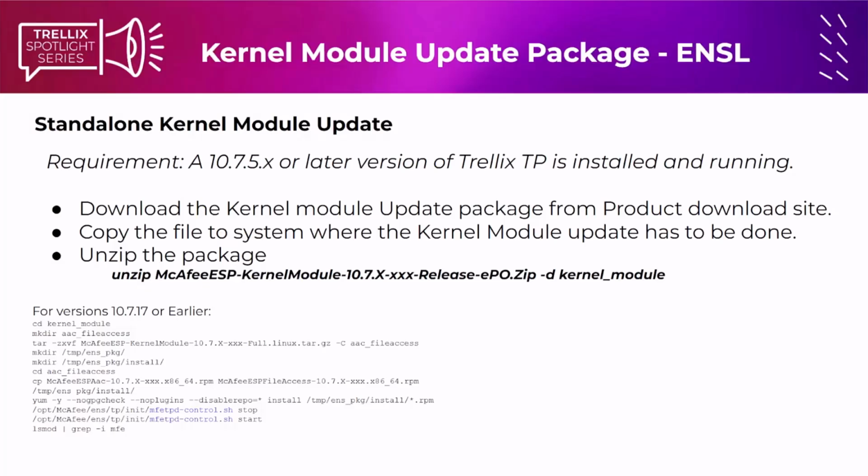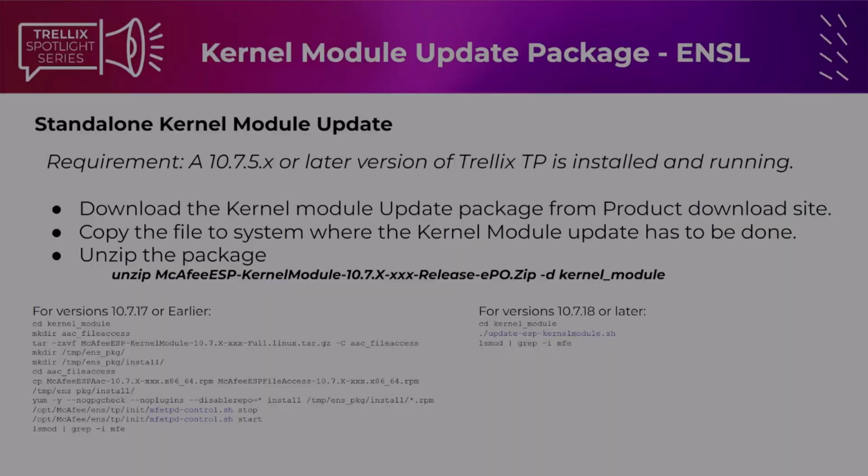But if you have a system with 10.7.18 or later, we will just have to run a script file which will automatically perform the kernel module updates. Let's see a quick walkthrough on all the above mentioned steps.